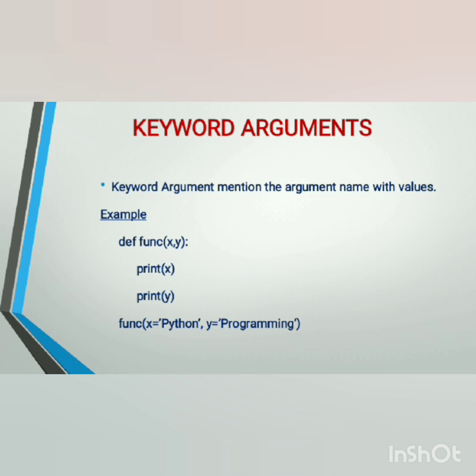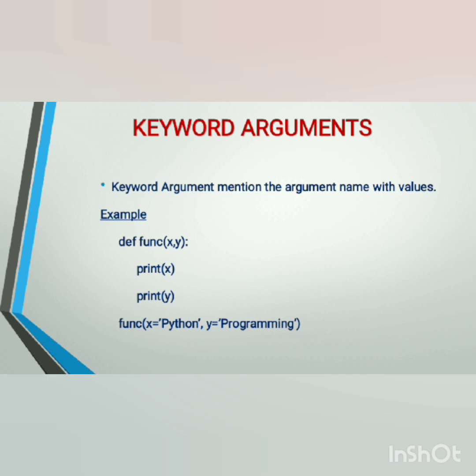Python is the first argument, programming is the second argument, but I have passed these values along with the argument names. So the first argument carries the argument name x, the second argument carries the argument name y.